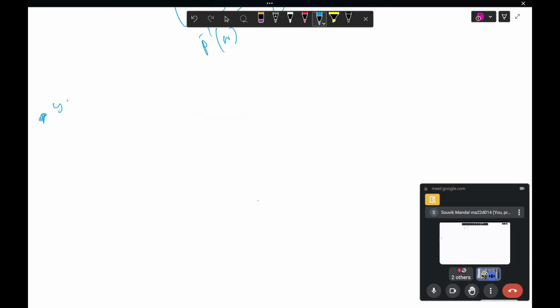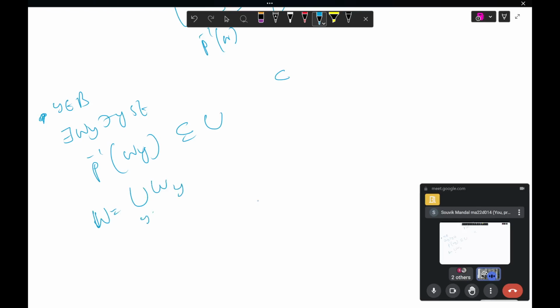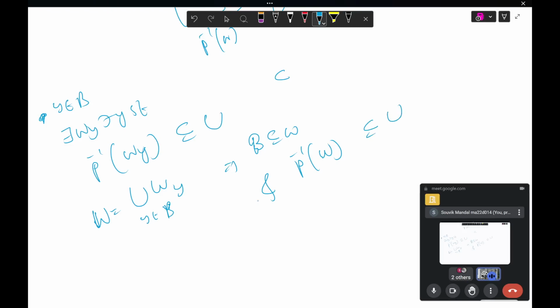From the first problem, for each y belonging to B, we will get an open neighborhood W_y containing y such that P inverse W_y is a subset of U. Now take W equal to the union of W_y, y belonging to B. This implies B is contained in W and P inverse W is a subset of U. So this is what we need to do. Do you understand? Yes, sir.